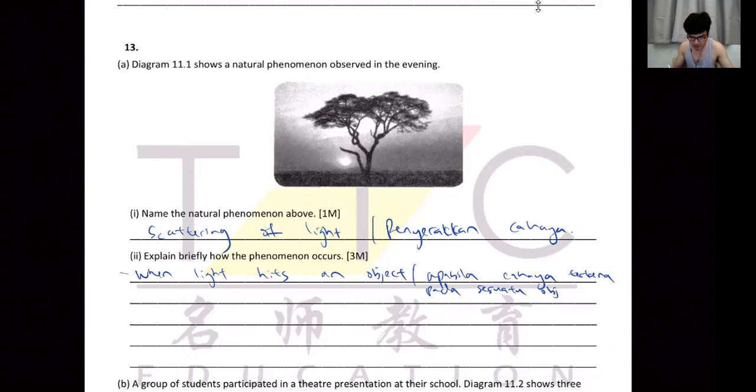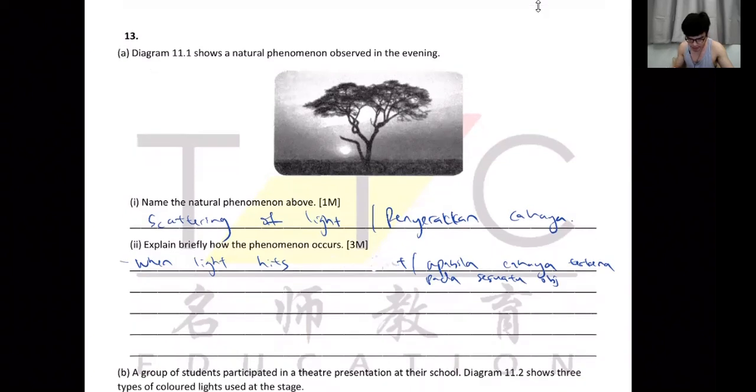When light hits, okay, so what's in the atmosphere? You can say air or water vapor in the atmosphere. Okay, ATM is atmosphere lah. I'm just too lazy to spell. So apabila cahaya terkena pada udara or wap air dalam atmosfera.